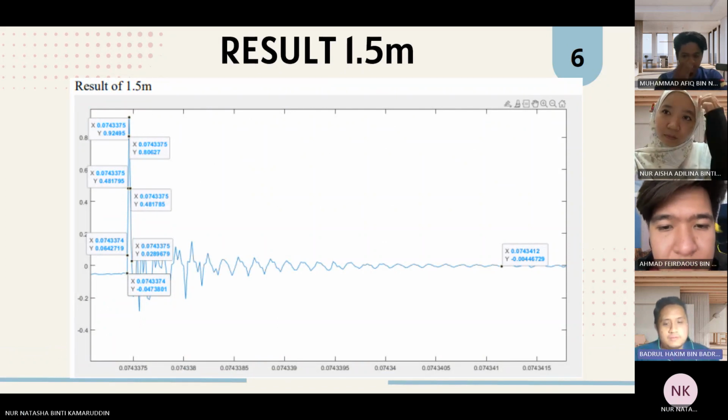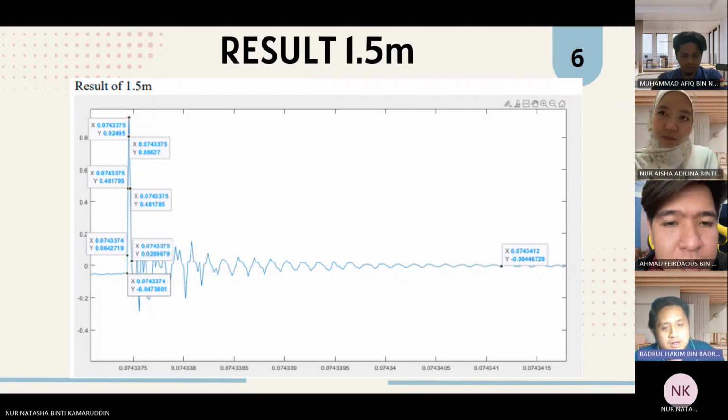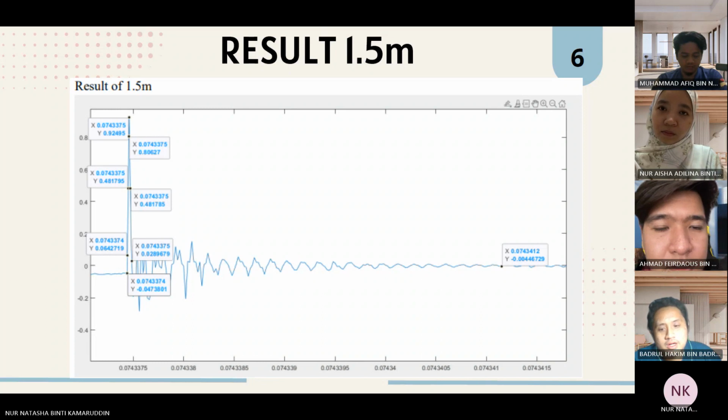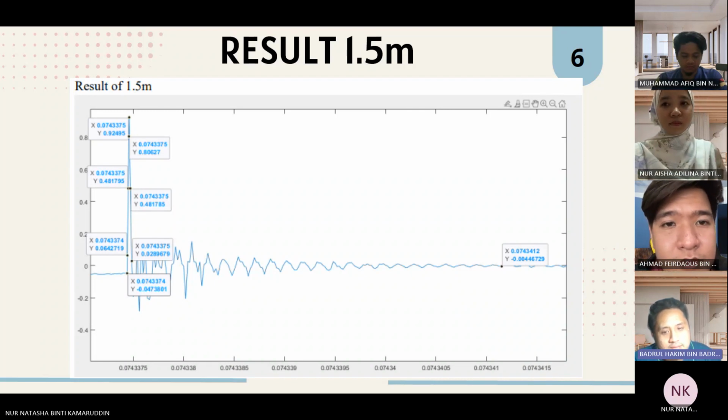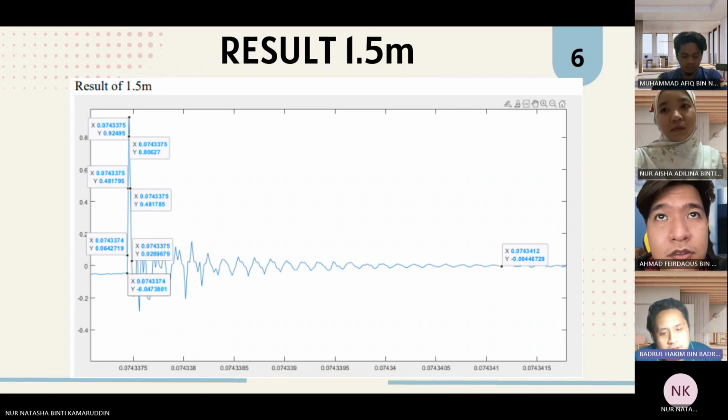Okay. This is a result we take for 1.5 meter distance. As you can see at the graph, we already plot all the results, which is the rising time between 10% to 90%. We also plot the overall pulse duration and the highest amplitude.